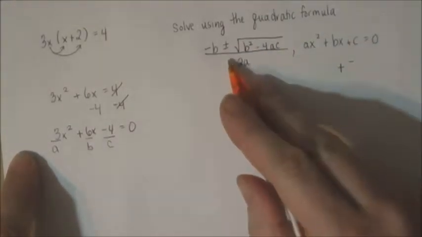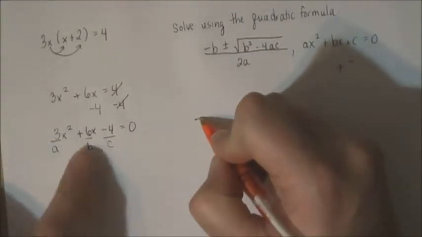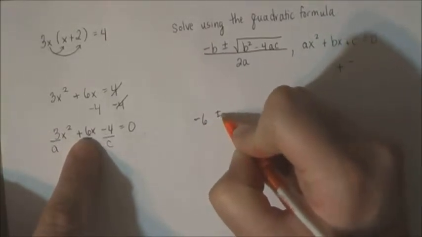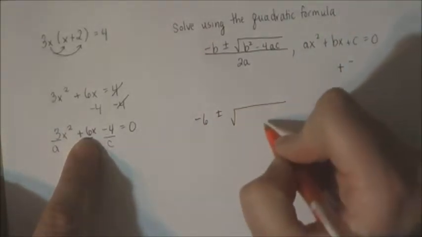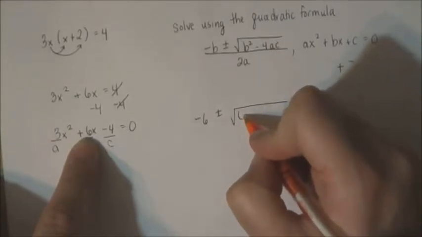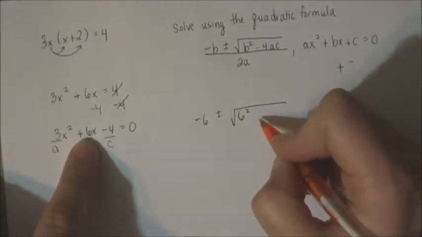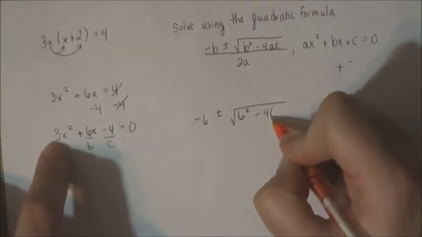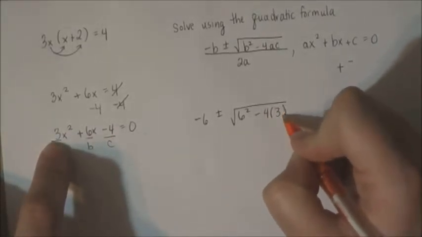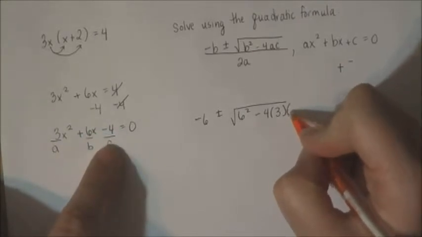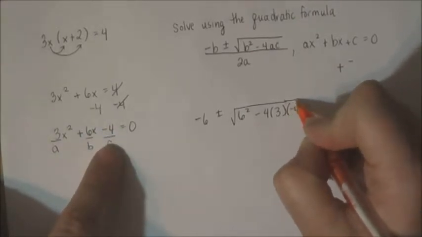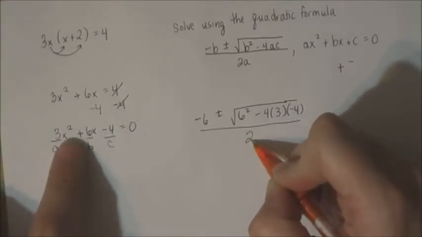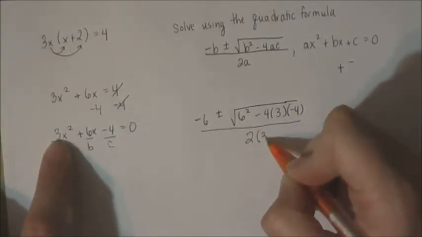Plugging into our equation, we get negative b, so negative 6 plus or minus the square root of b squared, well, b was 6, so 6 squared, minus 4 times a, which was 3, times c, which is negative 4, all over 2 times a, which again was 3.